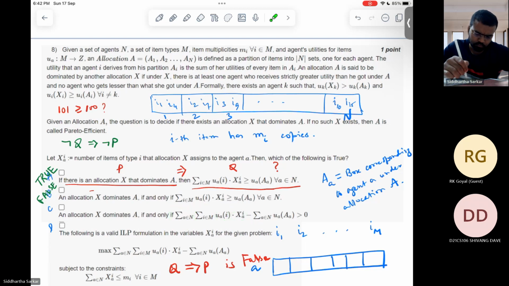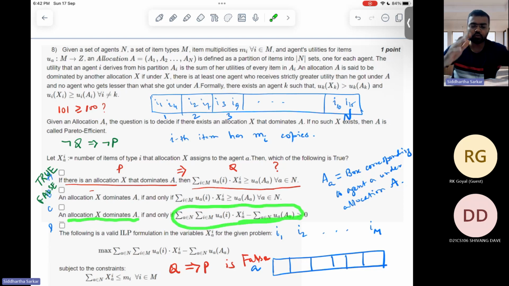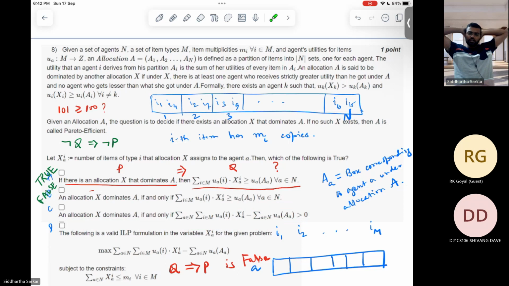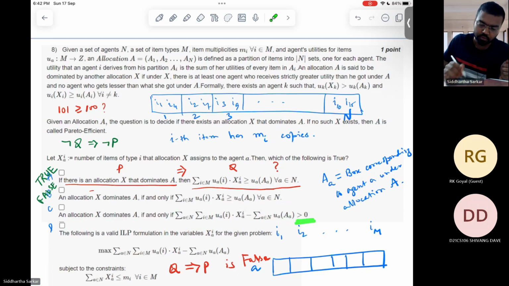minus, what is this thing? This is the utility for agent A, because A is the box corresponding to agent A under allocation A. So this is the total utility of all the objects. Okay, so it is saying that if an allocation X dominates A, then, so again, this is the difference in the total utility, and that has to be strictly positive.